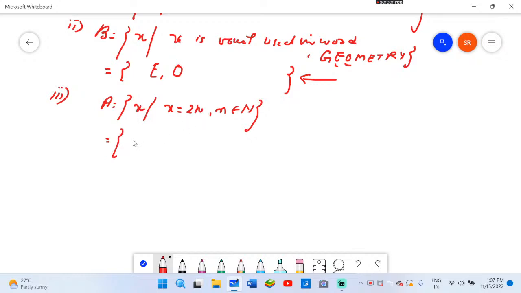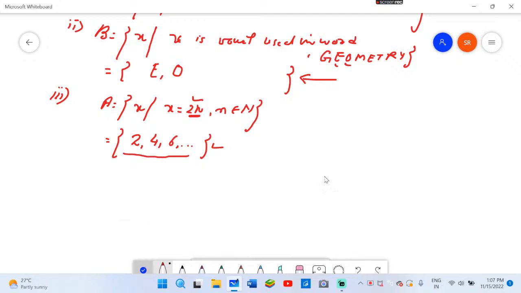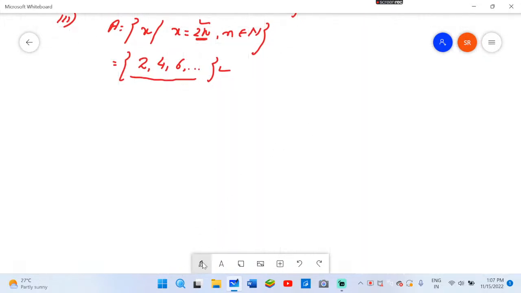Put n is equal to 1, we get element as 2. Put 2 here, 2 into 2, it is 4. Put 3 here, it is 6. Onwards. So these are all even natural numbers. It means the element of this set will be obtained by multiplying the respective natural number by 2. So this becomes set builder form.